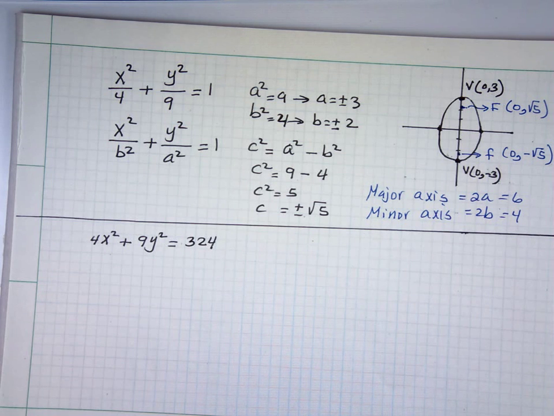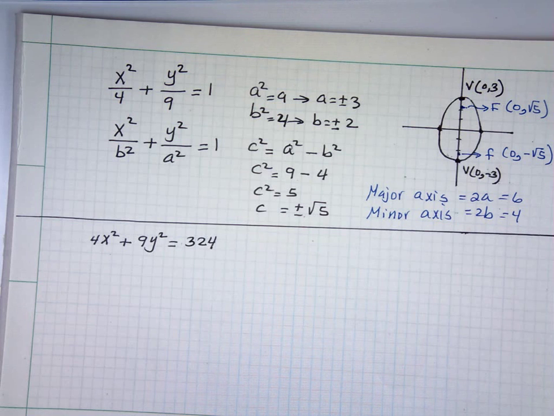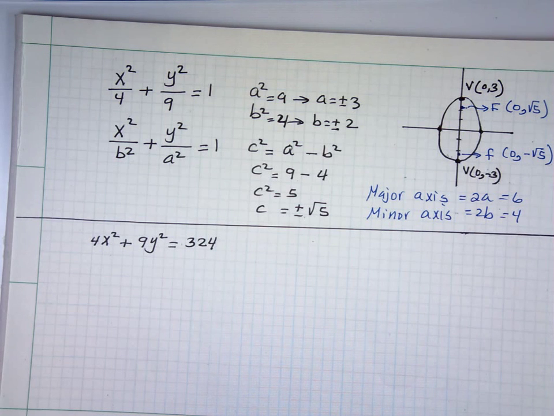How do you know when you look at this that it's an ellipse, not a circle? How do we know? Both are squared. Well, they're both squared, so is the circle. Circle both squared. But a circle is always x squared plus y squared. Because 9 isn't divisible by 4, so it's going to be uneven.